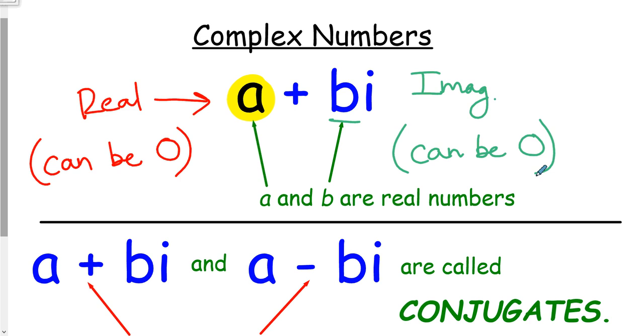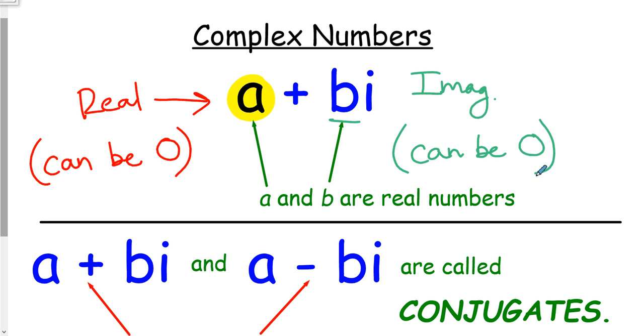Well, we need to think of a complex number as being a combination of a real number, which we're going to call a, and some imaginary number, which we're going to call bi. But within that complex number, a is allowed to be 0. So we might only see bi. Still a complex number, but that's what we would call a pure imaginary because it only has an imaginary component.